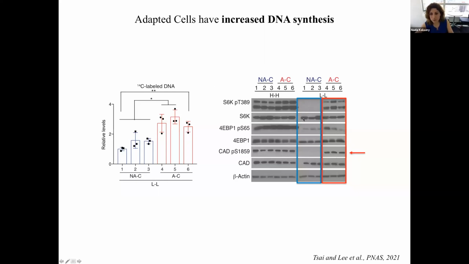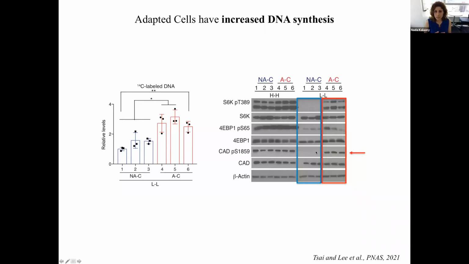And indeed, we were very surprised to see that the adapted clones, as compared to the non-adapted clones, sustained active mTORC1 signaling despite glucose and glutamine deprivation, as you can see over here in the phosphorylation of S6K and phosphorylation of 4E-BP1, which are the immediate substrates of mTORC1. And consistently, because we know that CAD is a substrate of S6K, we saw that it was phosphorylated on serine 1859 in the adapted clones, but not in the non-adapted clones.